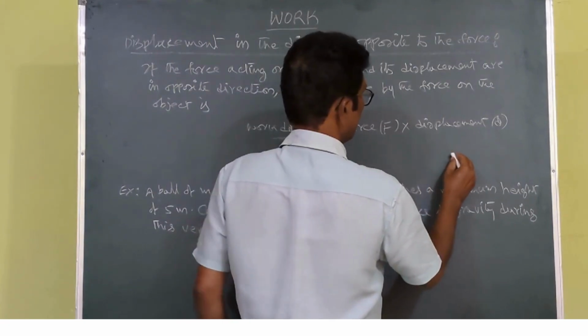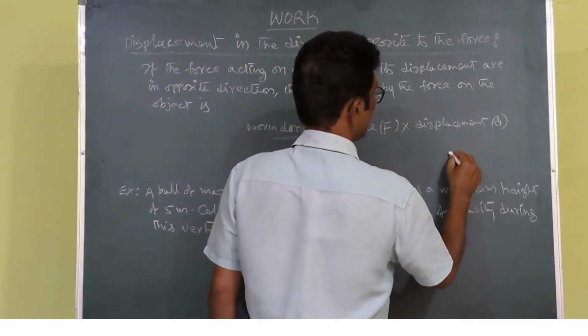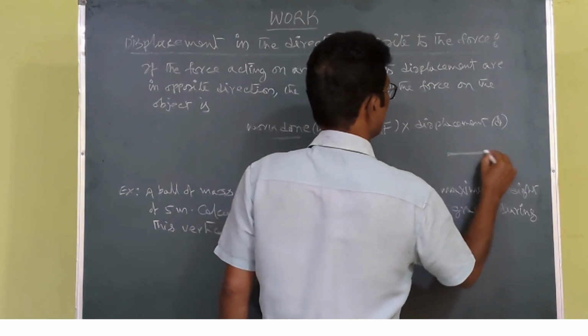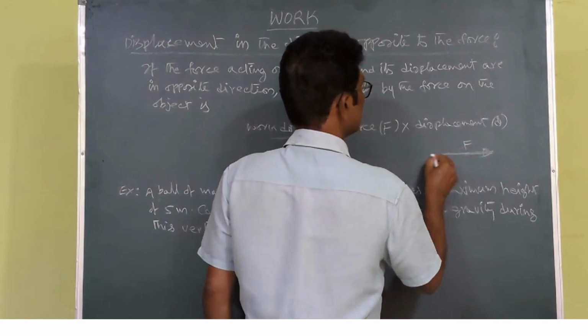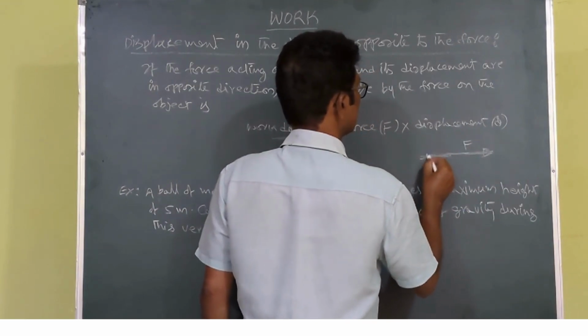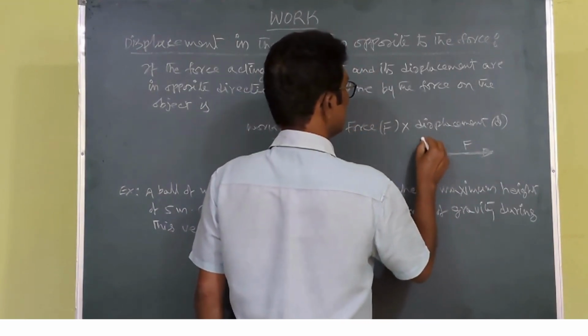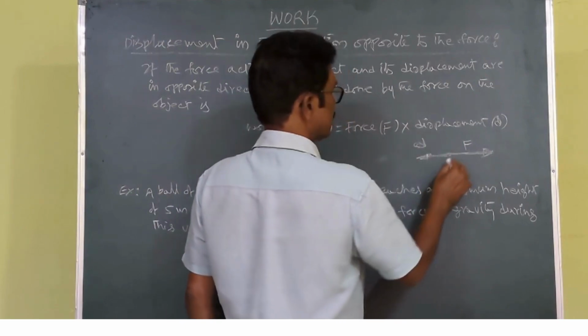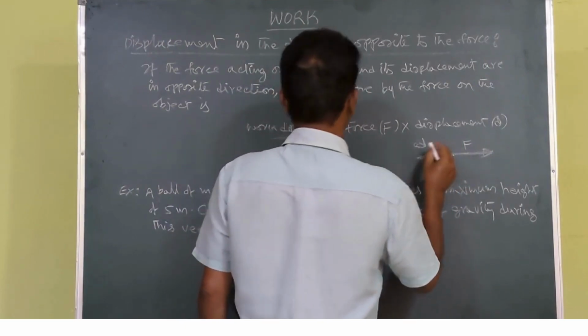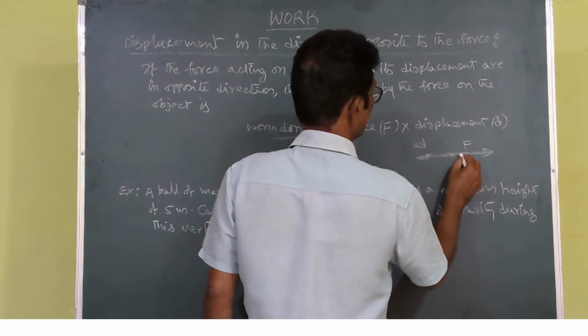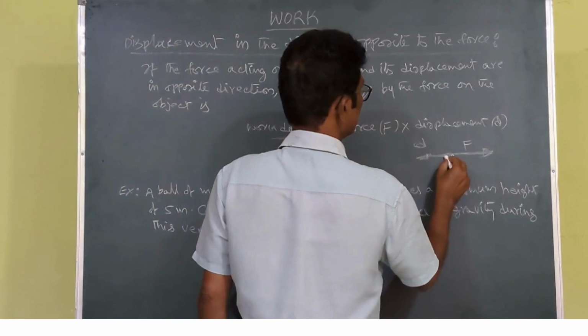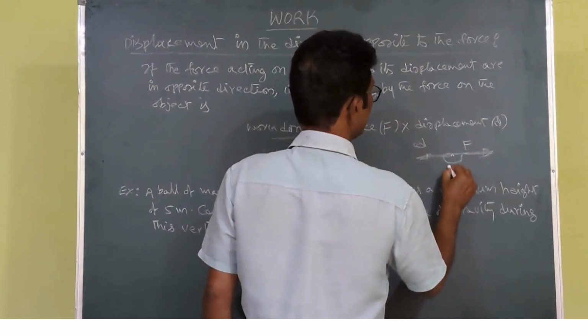Let us assume the force is acting in this direction and the displacement is in the opposite direction. Then the angle between force and displacement is 180 degrees.